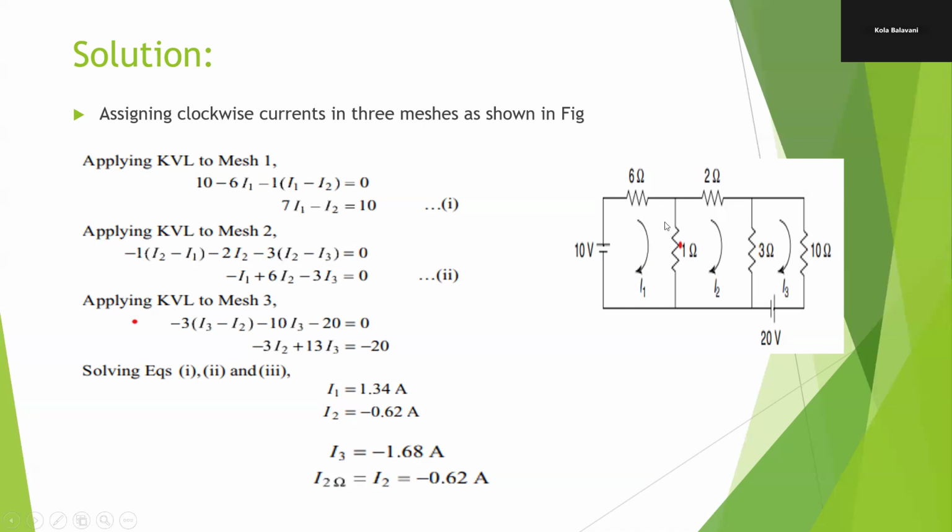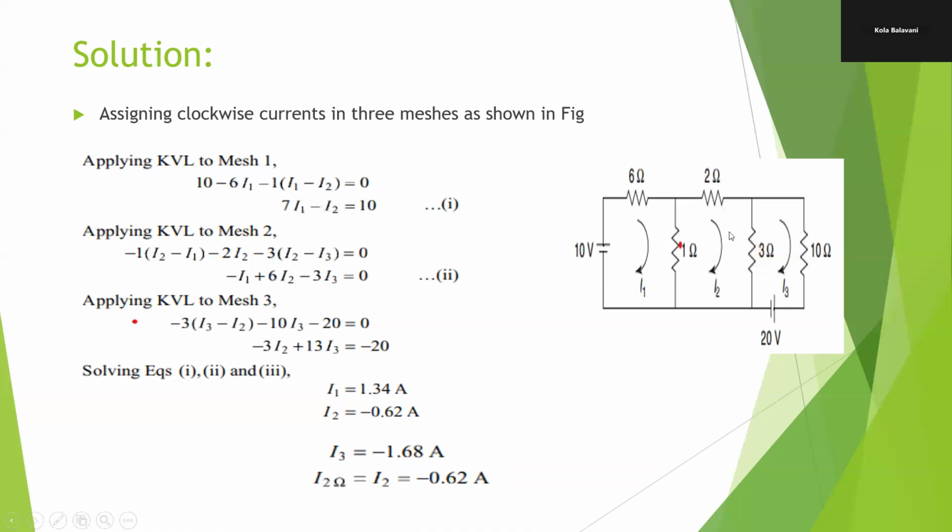The currents passing through this 1 ohm resistor are I1 and I2, in opposite directions, so the net current through this 1 ohm resistor gives minus 1 into (I1 minus I2). So this is the KVL for the first loop.